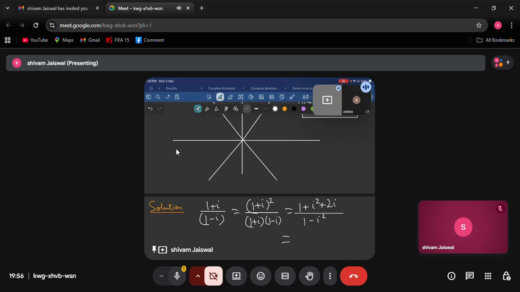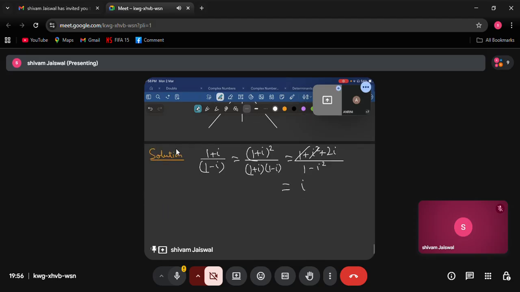So over here we are getting 1 and iota square will get cancelled. This will come as iota only. So finally you are getting i to the power n is equal to 1. So tell me the least positive integer for which i to the power n is equal to 1. So 4. This implies n is equal to 4.